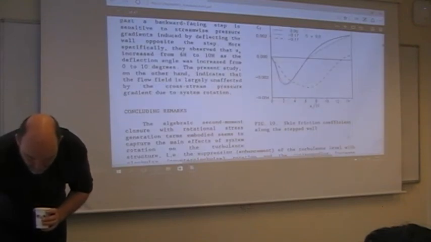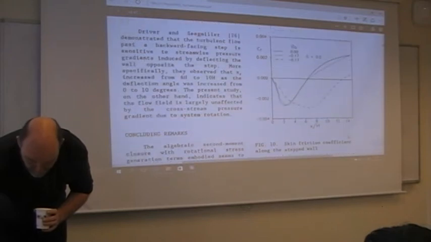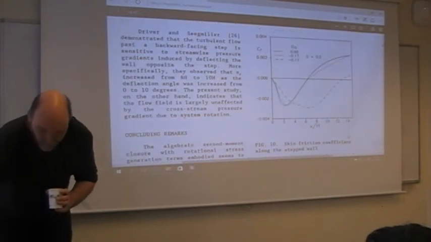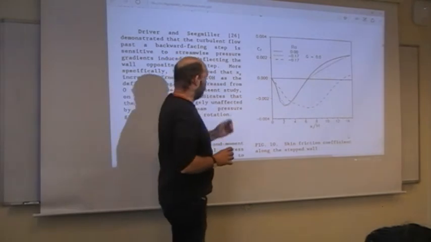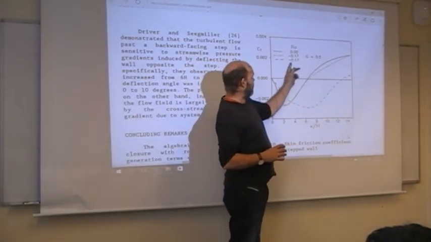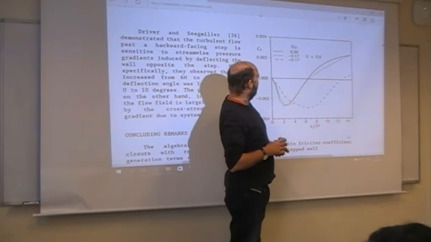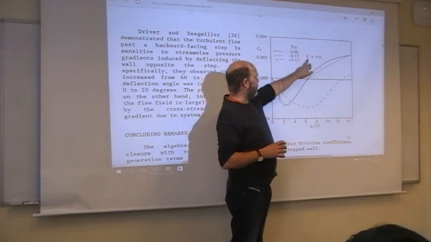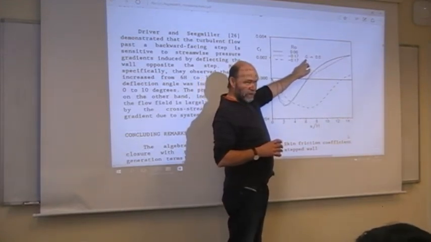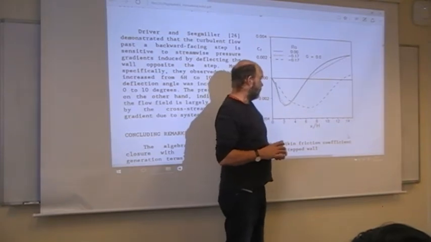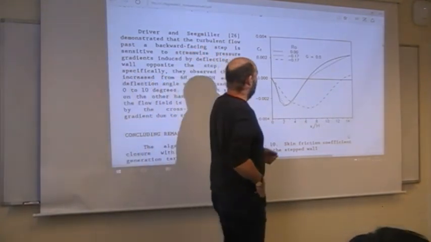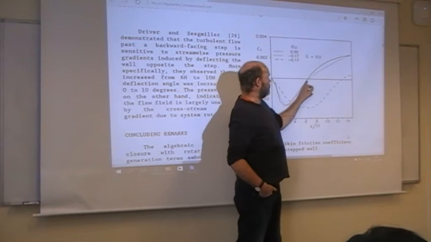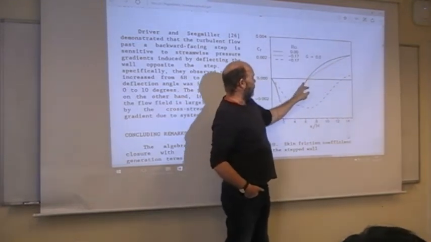I won't go through any more of this. Skin friction coefficient: the change is quite dramatic when the flow becomes more laminar-like, with negative rotation. Here you have this coefficient G that should account for the rotational effect. If you switch it off, you hardly see the effect of rotation at all.